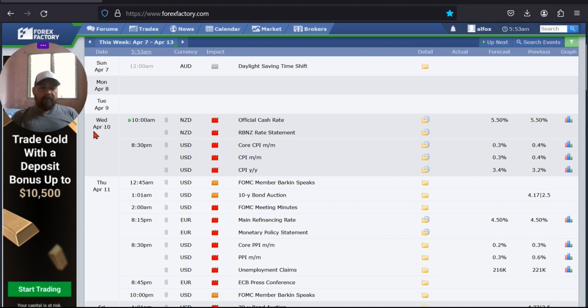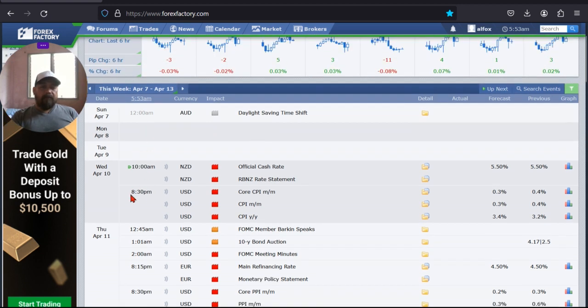So, Wednesday for today. This is what I saw. We have our news for New Zealand around 10 a.m., and then we have our CPI for USD at 8:30 p.m. later. Although I'm not affected by this because we are trading Australian dollar versus JPY.